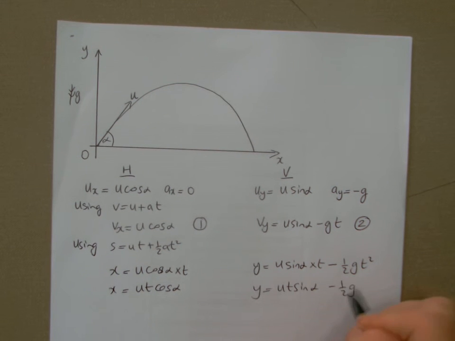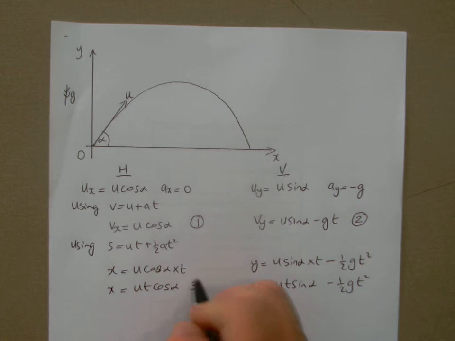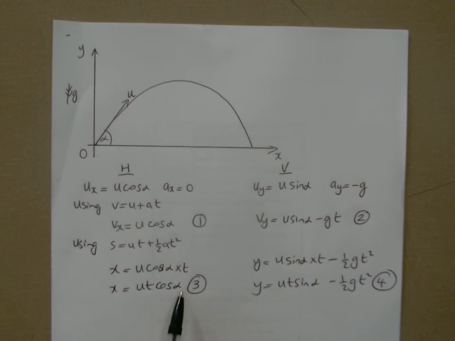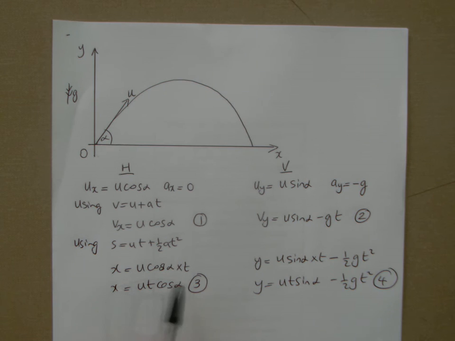so we have ut sine alpha minus half gt squared. Now, in order to get the general equation with y in terms of x, we need to eliminate t. So we've got now our four equations, and I can eliminate t by rearranging equation 3 here. So we'll have t in terms of x.